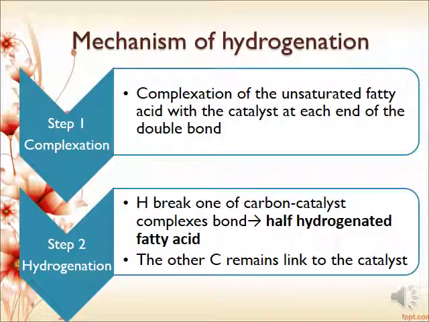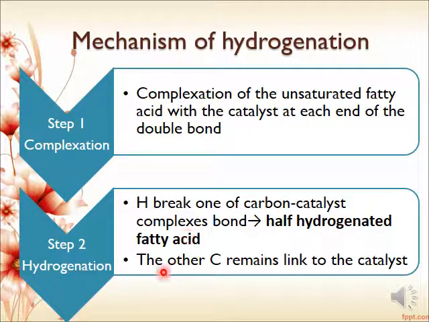So let us look at the mechanism of hydrogenation. In step 1, complexation will occur. Complexation is when the unsaturated fatty acid binds to the catalyst at each end of the double bond, followed by step 2, the hydrogenation process itself, where hydrogen breaks one of the carbon-catalyst complexes so that it will produce a half hydrogenated fatty acid.